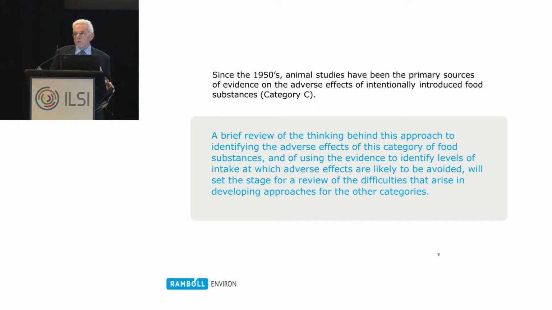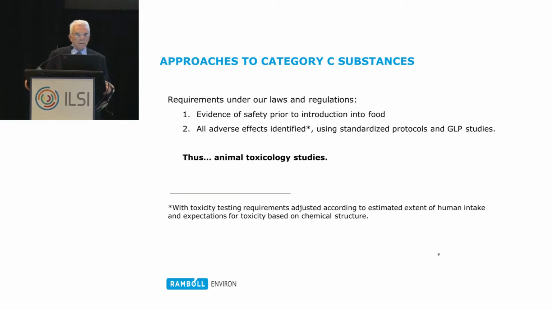Okay, so category C, the intentionally introduced substance, we rely very heavily on animal data for this purpose, to understand adverse effects. There are a lot of reasons actually we do this. One is that under our laws, we're supposed to understand adverse effects before we introduce something into food. So the only way you can do that is through animal studies.